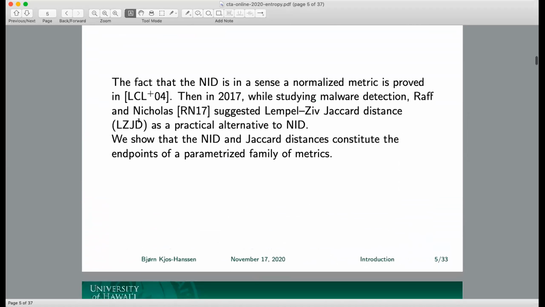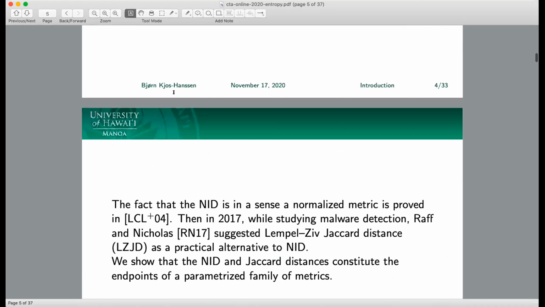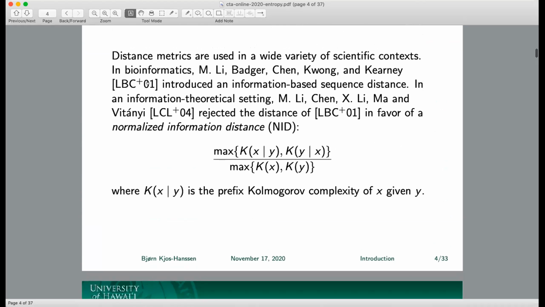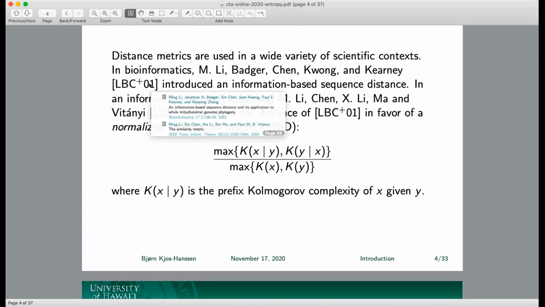They prove that this is a metric, and they referred back to the paper by Lee and Badger, saying they don't like their way of doing it, because that way used addition instead of maximum.